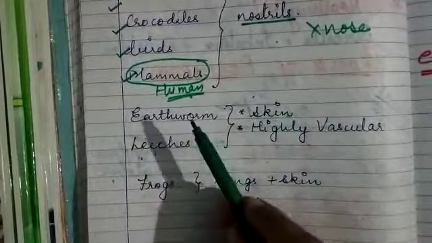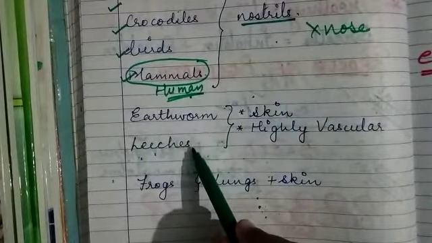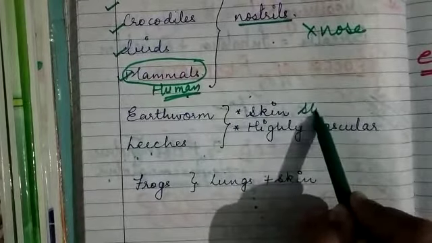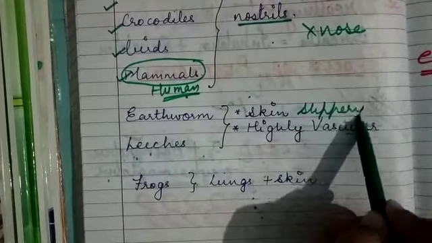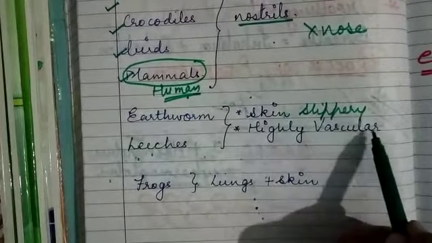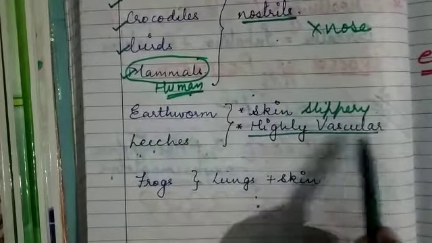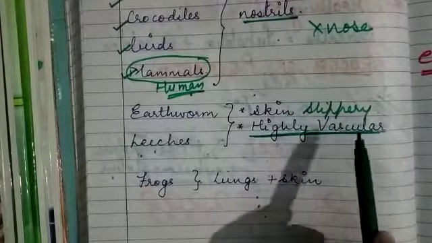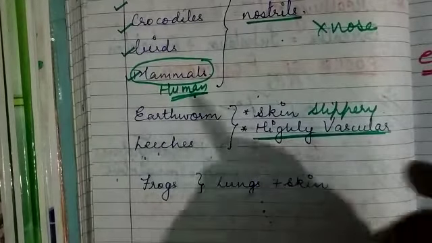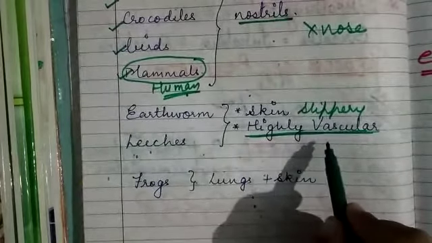Now, if we come to earthworms and leeches, they are animals with slippery skin. The skin is slippery and highly vascular. What does the term highly vascular mean?